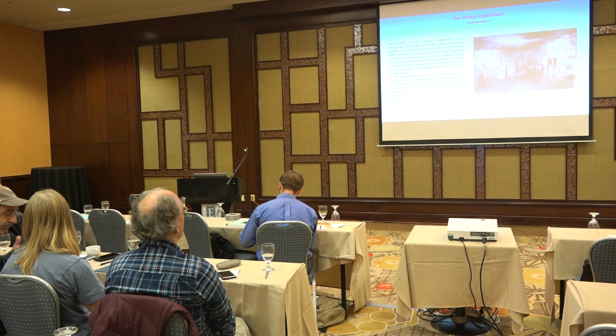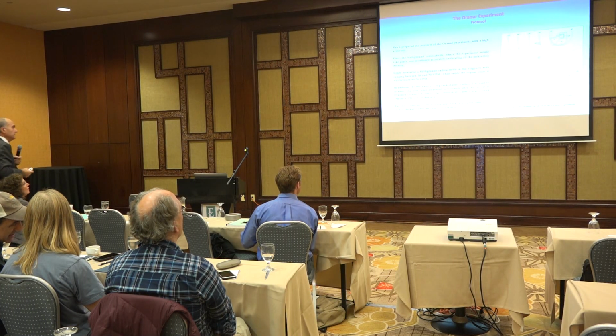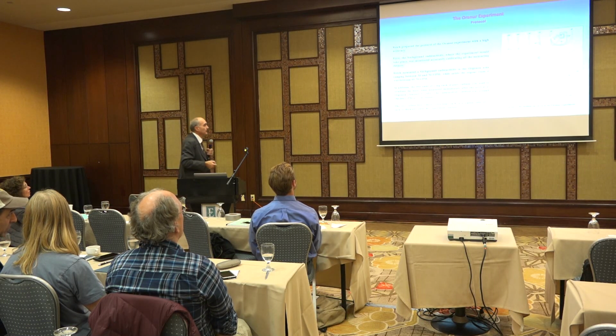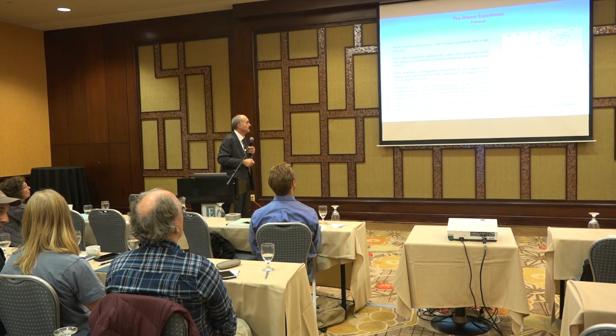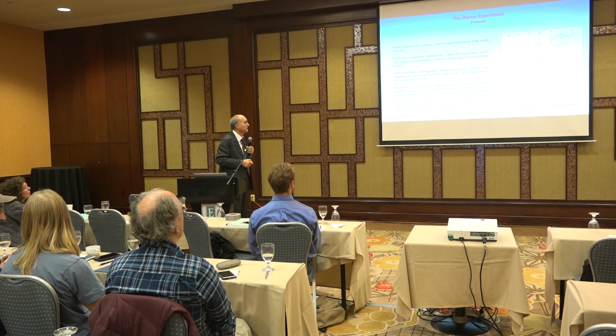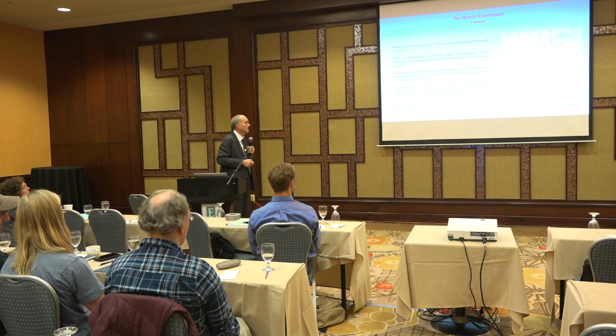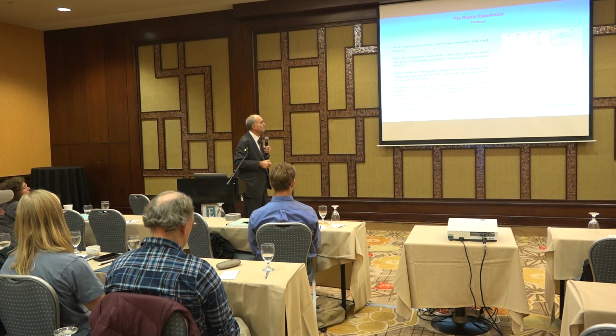What Reich did, this one is a layout of the facilities. This one is the Orgone room. This one is the facility in which the student hall, the student laboratories, and the Orgone room are located.